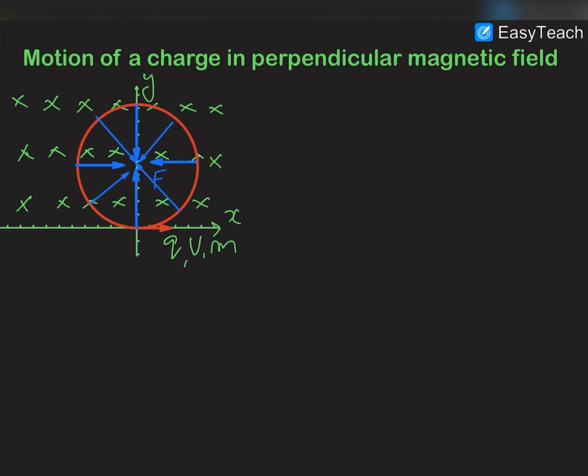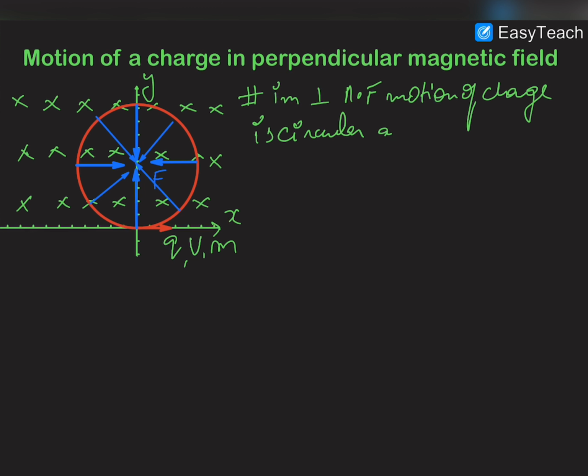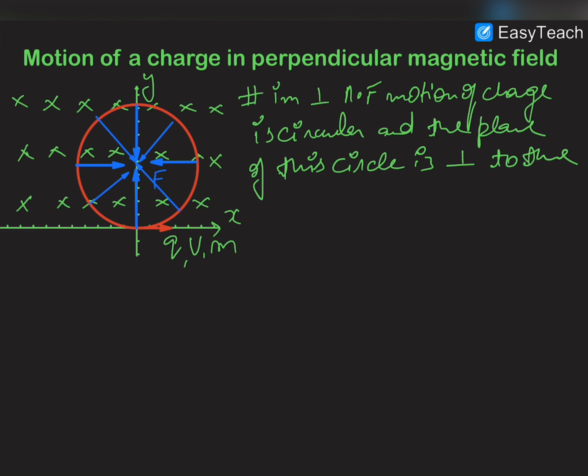So it is very important that in a perpendicular magnetic field, I'll be writing it down: the motion of charge is circular, and the plane of this circle is perpendicular to the magnetic field.